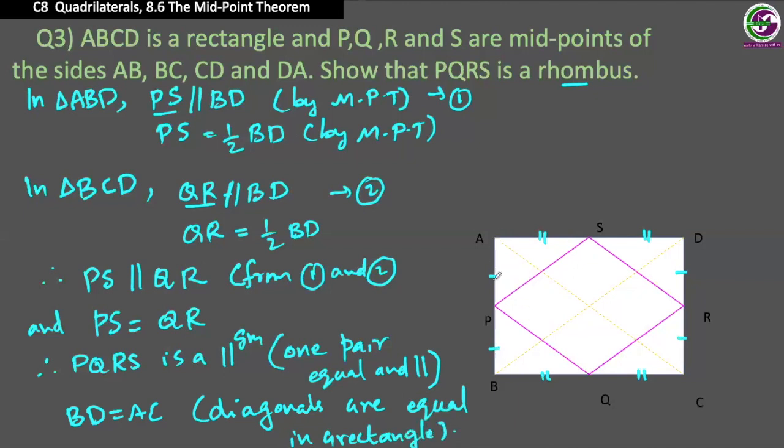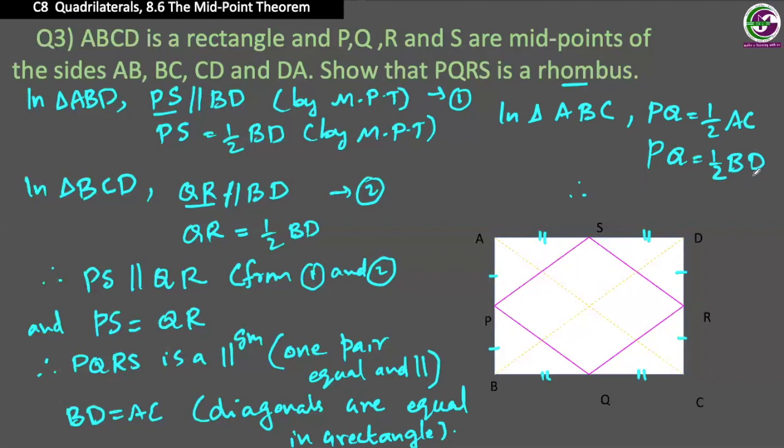So from the triangle ABC, we get PQ is half of AC, but we can write PQ is half of BD because they are equal. So we get PQ is half of BD. We already know that half of BD is QR. So therefore, half of BD is QR and half of BD is PQ.